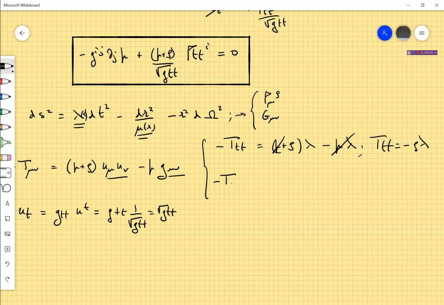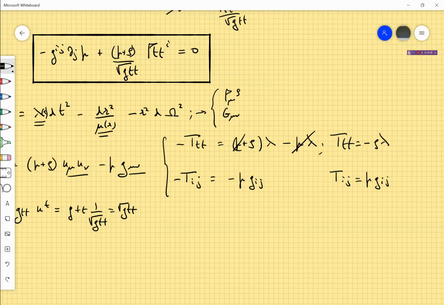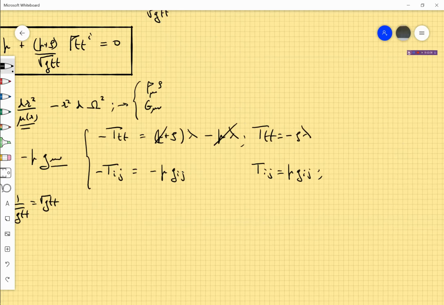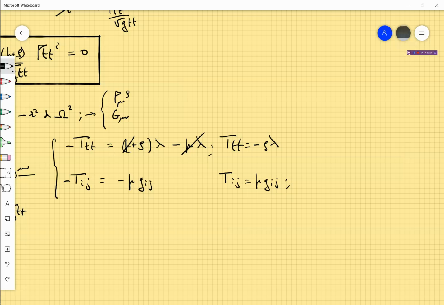Then the spatial components: since u_i is 0, the only thing you have is minus p g_ij, so T_ij is p g_ij, and this is the result. Since we are using spherical coordinates, we can specify this a bit more.